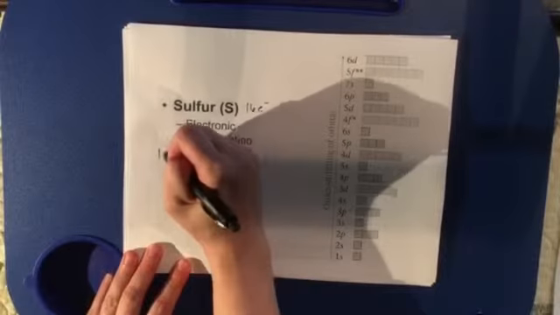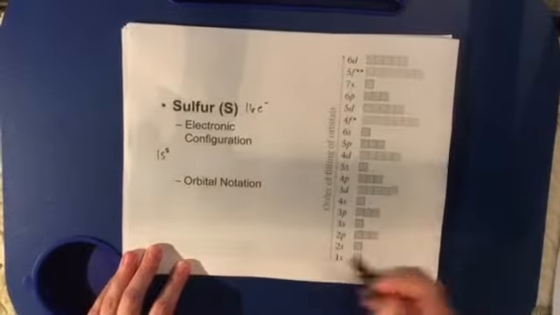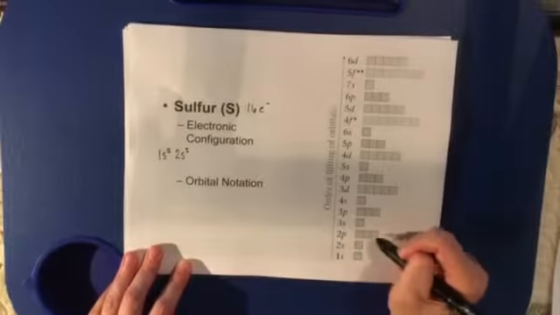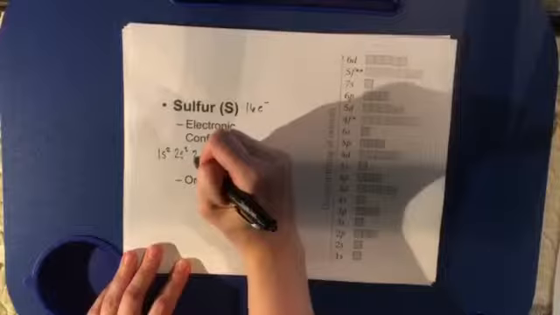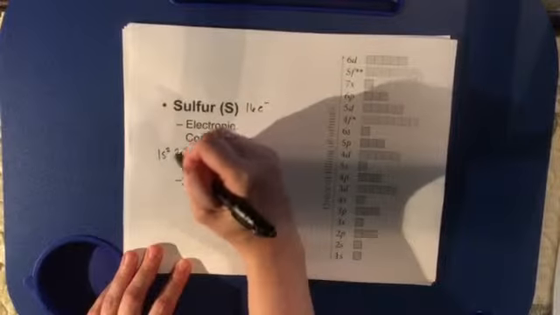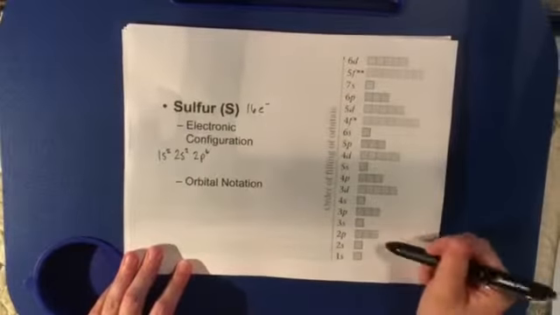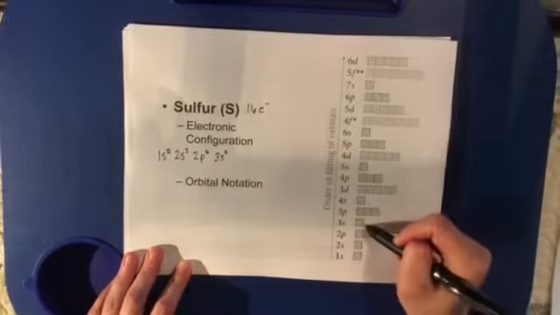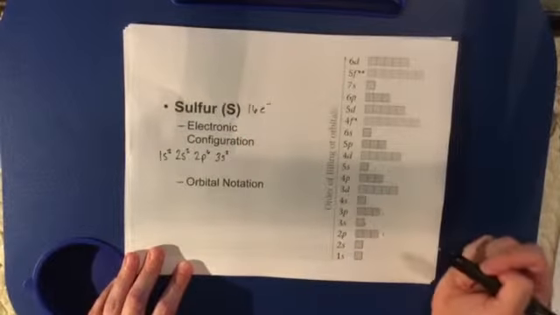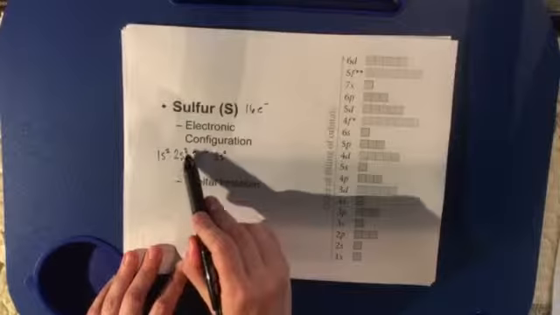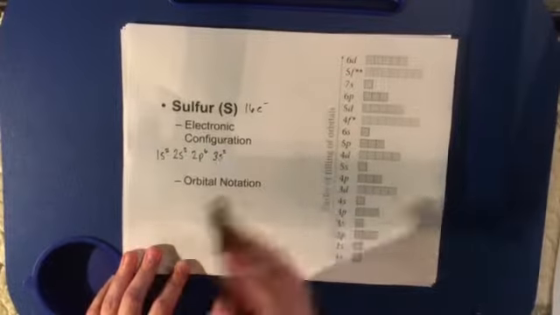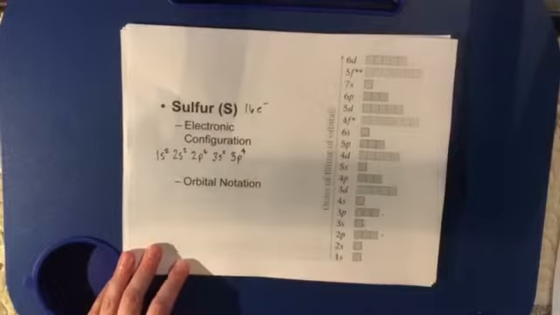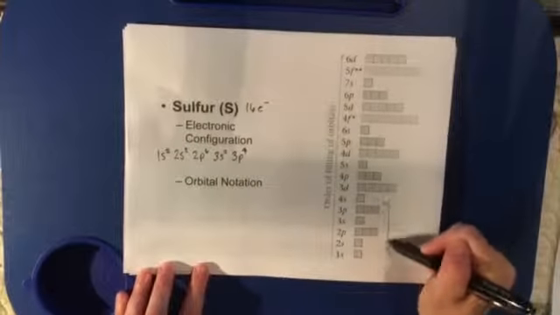We'll do 2 in the 1s, and then 2 in 2s, and then we'll put 6 in 2p, that gives us 10. And so then we'll fill the 3s with 2, and then the 3p is the last one. We've got 2, 4, 10, 12. We need 4 more electrons, and so we're going to put 4 in there like that.